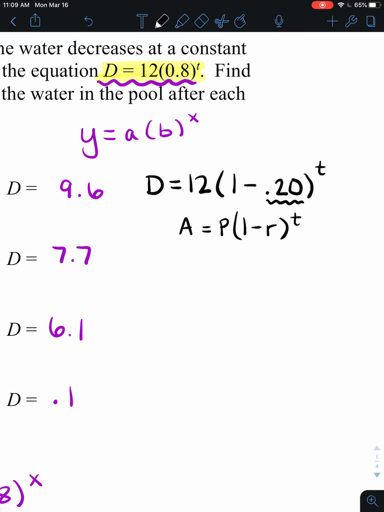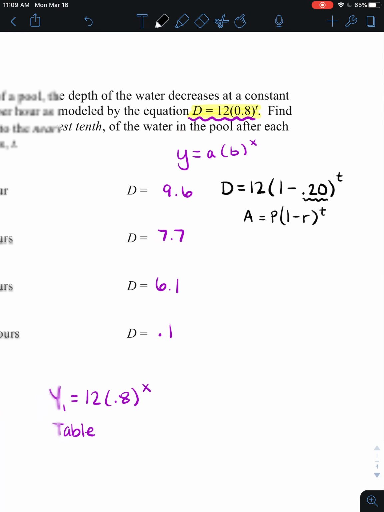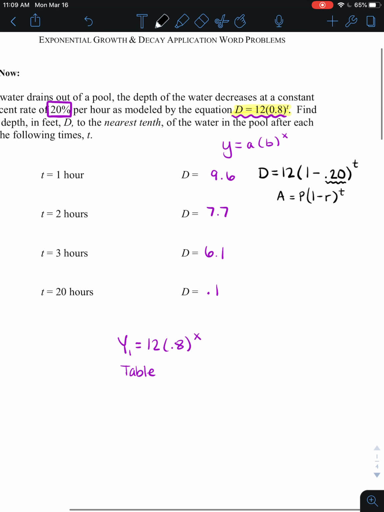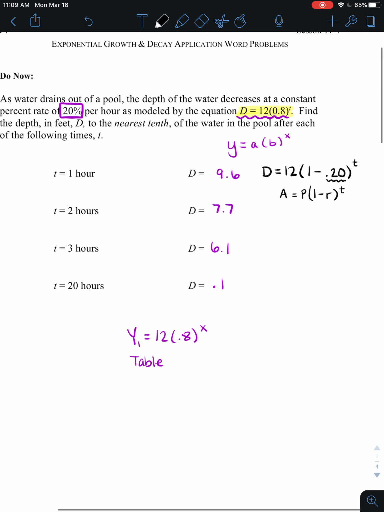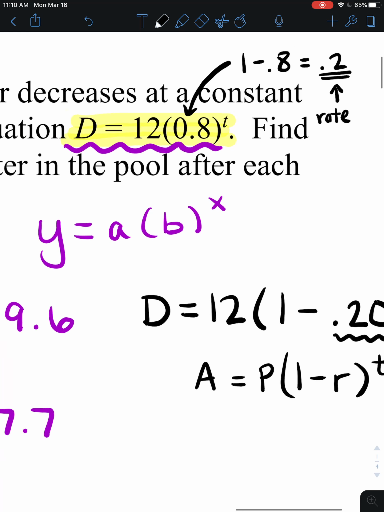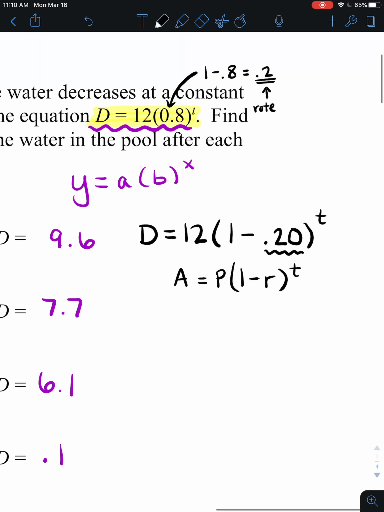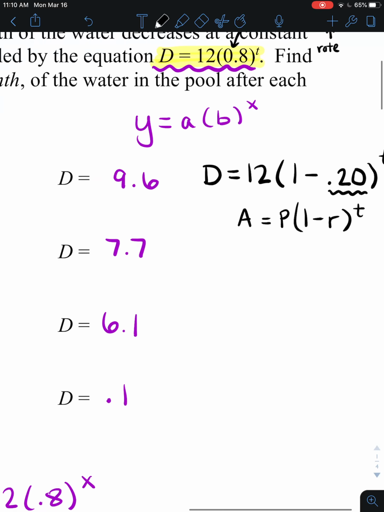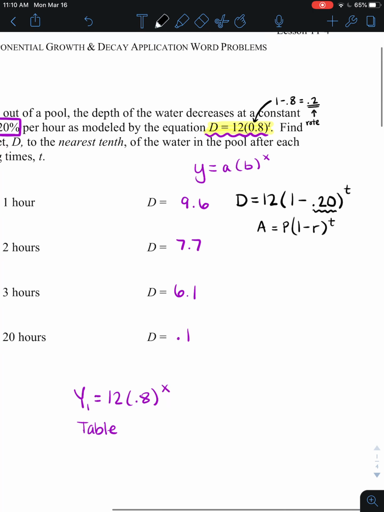That 0.8 came from subtracting 0.2 from 1. So with decay, you don't always see the rate. Sometimes you have to think about it. If I had taken 1 and subtracted the 0.8, I could have found their difference. And that's another way you could go backwards and find the rate. What was subtracted from 1 to get me that 0.8? And that was the 0.2, which was the 20%.